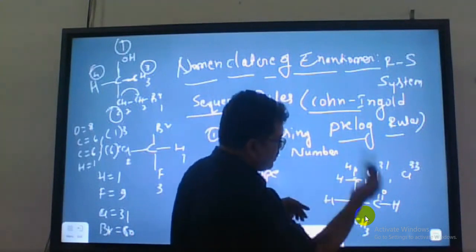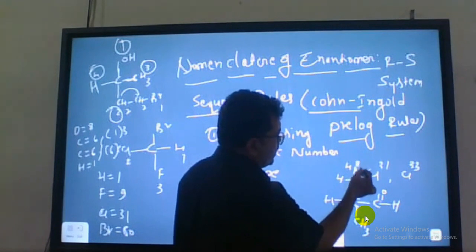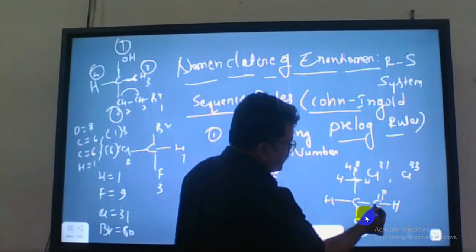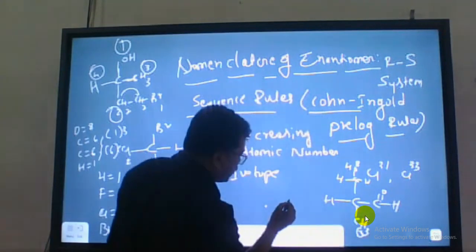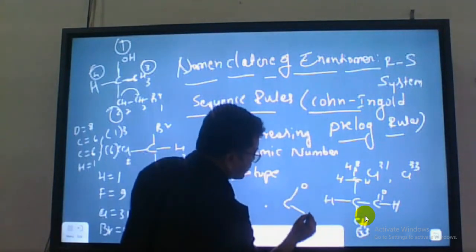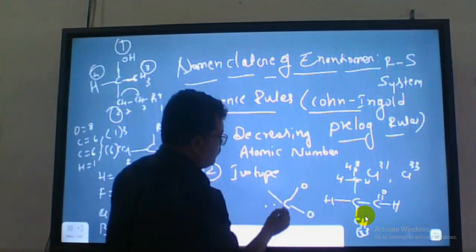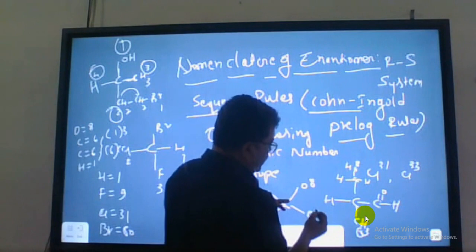Okay, first. Next, this oxygen. And the carbon next to oxygen is 8. Next to this carbon, hydrogen 1 is there. Next, this carbon has a double bond. Consider this double bond as 2 oxygens. Split this 2 oxygen. Here we split into 2. That's why it's 8 and 8.